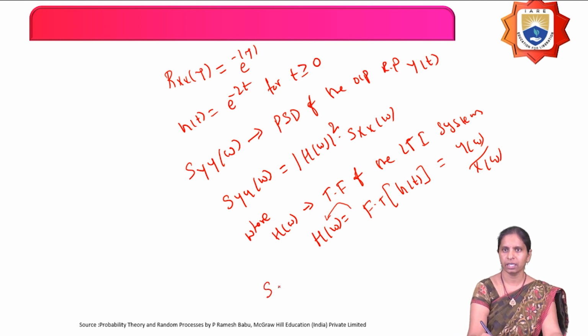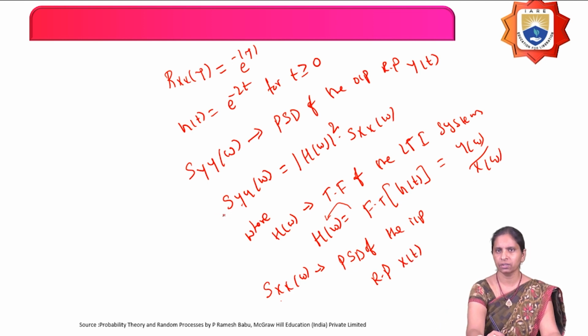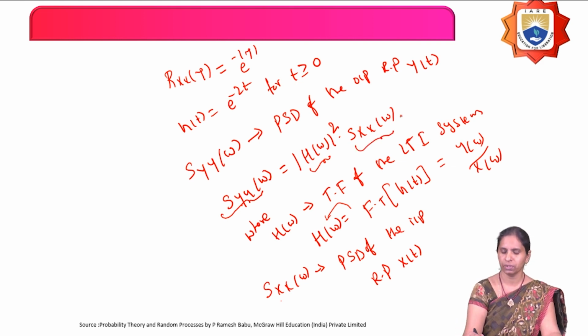And here, Sxx of omega is the power spectral density of the input random process x of t; if it were y, it would be the output random process y of t. So, in order to calculate the power spectral density of the output, first you have to find the Fourier transform of the given impulse response, and then you have to calculate the power spectral density of the input.